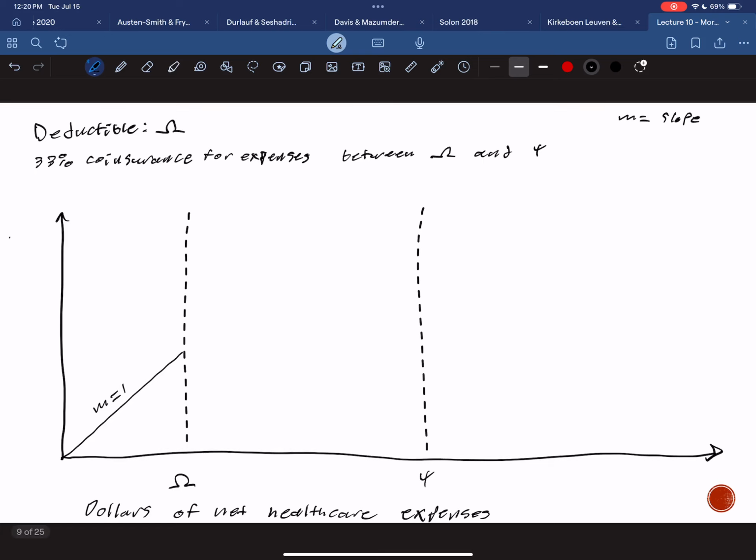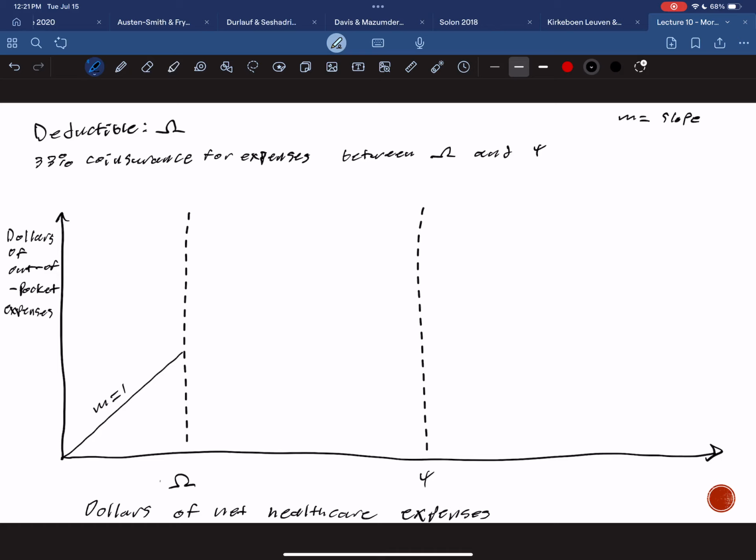And then the y-axis is dollars of out-of-pocket expenses, how much you're actually paying, while the x-axis is how much your total medical bills are.